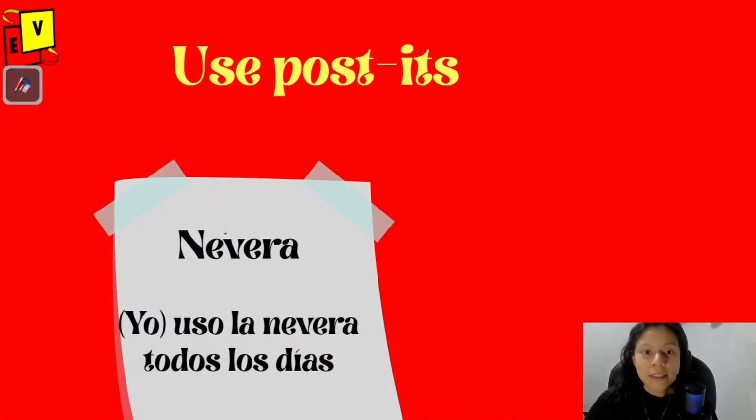For example, in this case, you are going to write the word and then you're going to write a sentence. It's important to learn the word in context. For that reason, I recommend that you write the sentence also. In this example, you can see the word.